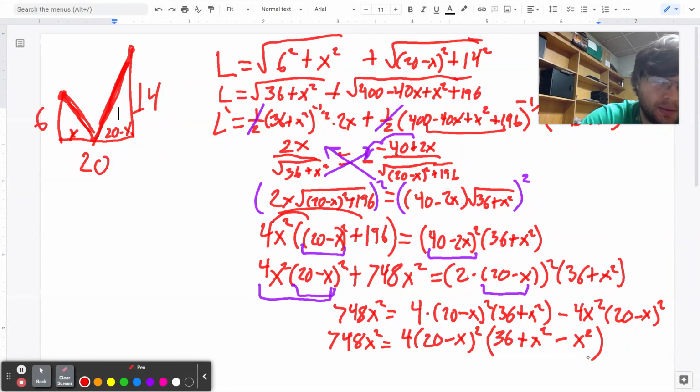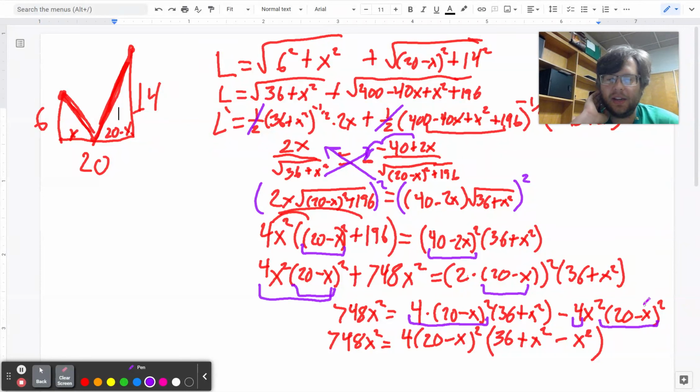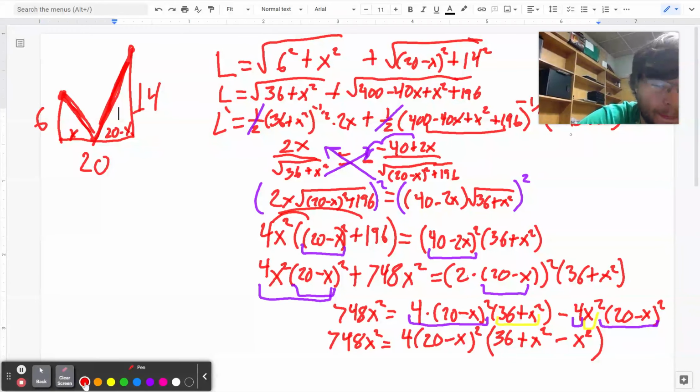So check out how that worked. They both have this in common. So this one has a 4 here and a 20 minus x squared there. And so then I was able to factor that out, leaving me with, inside the parentheses, just a 36 plus x squared and another x squared. And those cancel out really nicely.